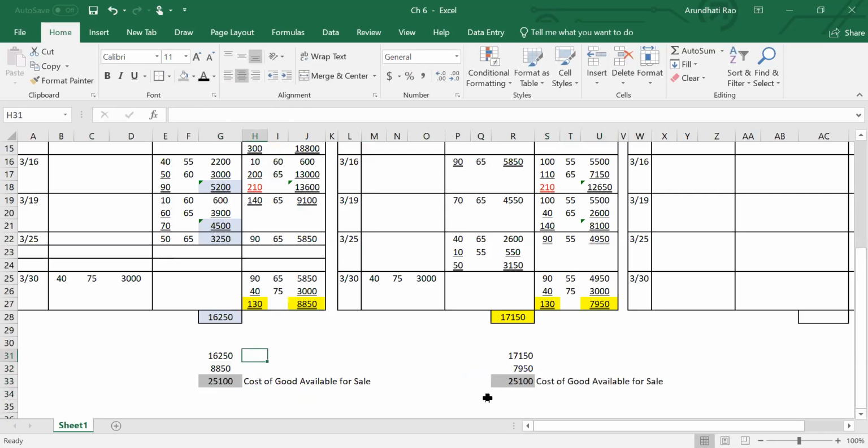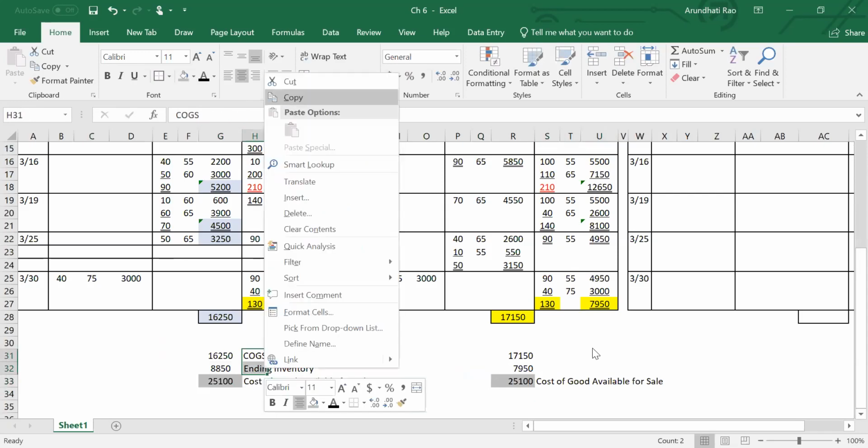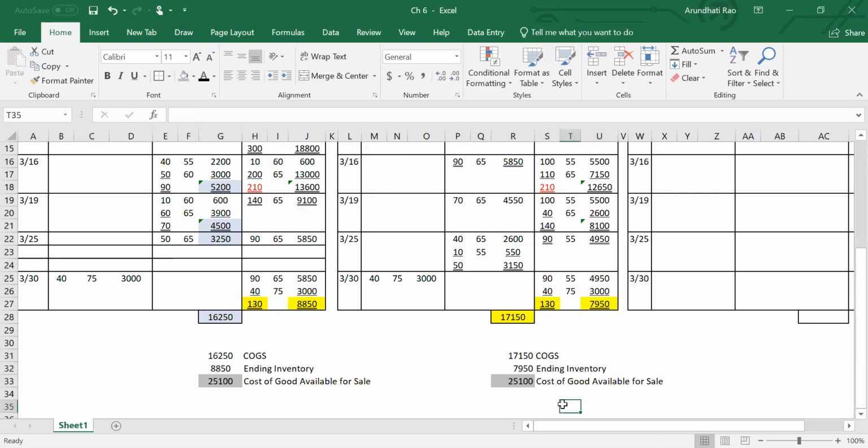You assigned 16,250 to cost of goods sold over here, and you said the remaining amount is in ending inventory. Again, that's the same thing that we've done over here, but depending on how we assign the cost of goods sold, which ones we are saying are sold, the dollar amounts that you assign to cost of goods sold and ending inventory is going to be different, depending on whether you're using the FIFO method or the LIFO method.